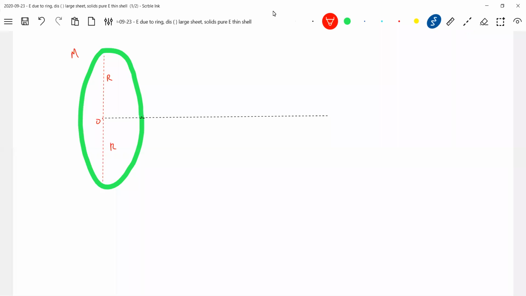Let m be the mass of the ring. So what is the field strength at point P, which is at a distance x? This we shall call the axis of the ring.